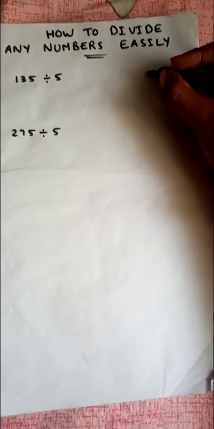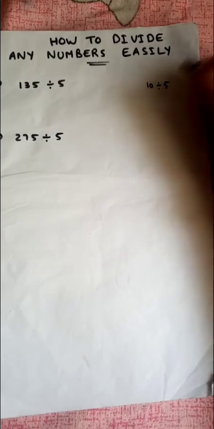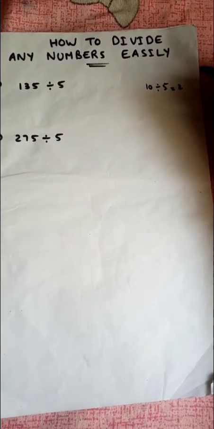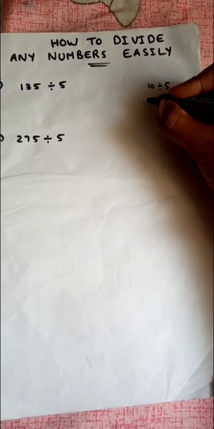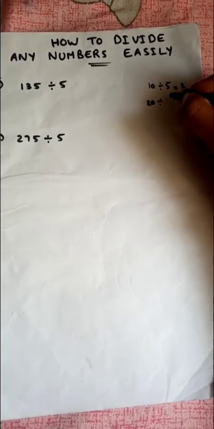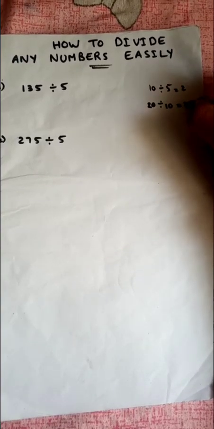For example, 10 divided by 5. We all know 10 divided by 5 is 2. If we take the double of these numbers, the double of 10 is 20 and the double of 5 is 10, and when we divide these numbers we get the same answer too.